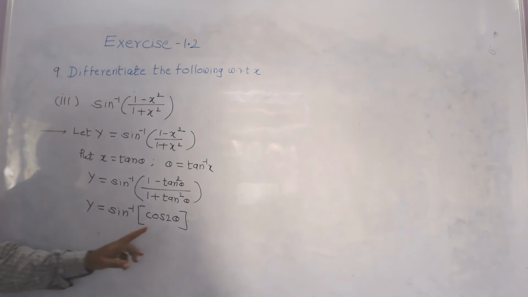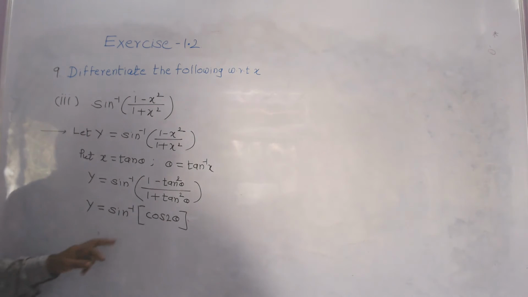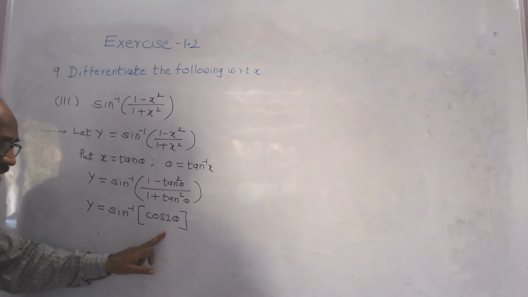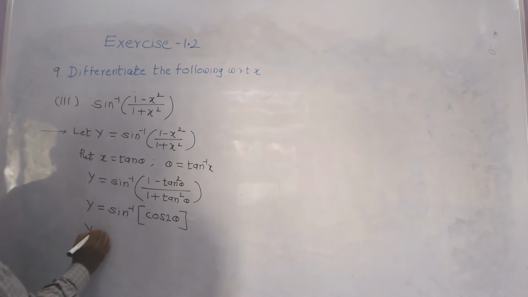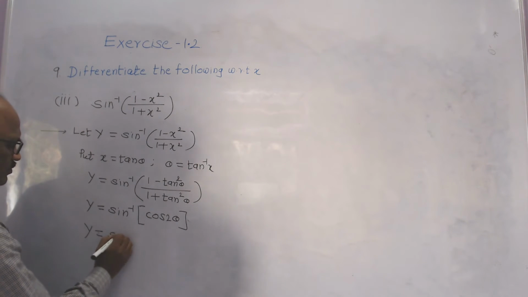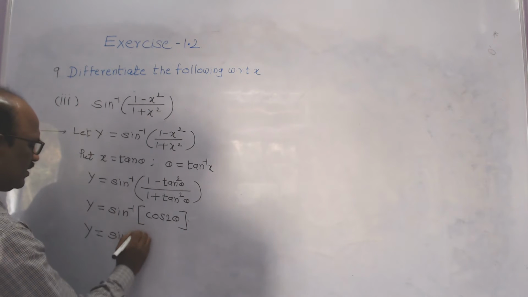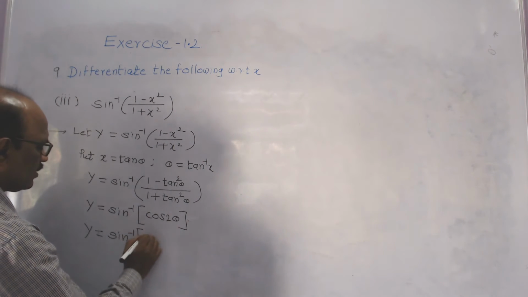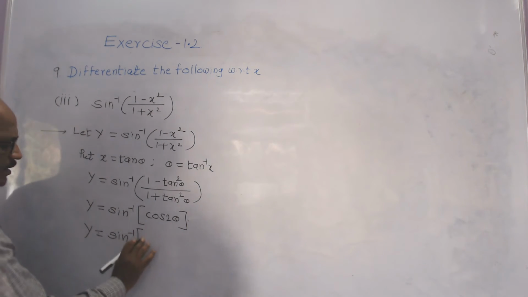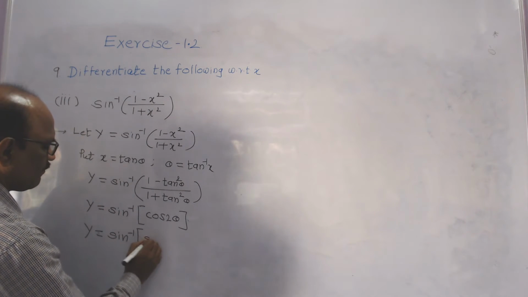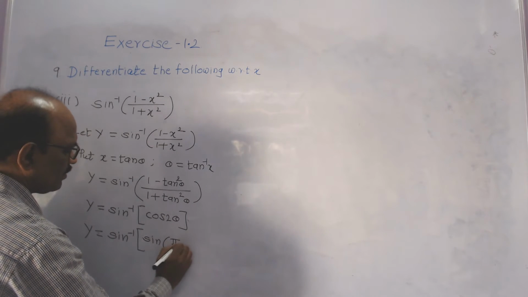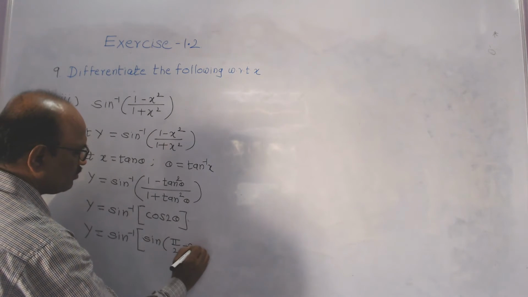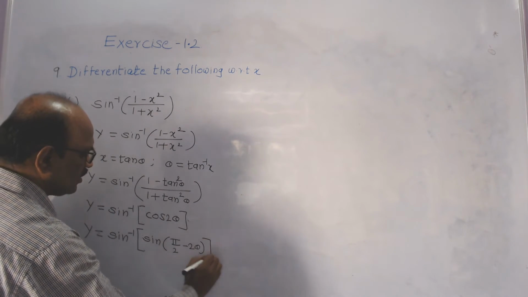Now here is cos of 2 theta and here is the sine inverse, so we will convert this cos of 2 theta in terms of sine, and it is written as y equals sine inverse of sine of (pi by 2 minus 2 theta).